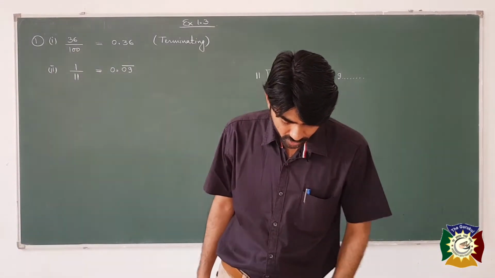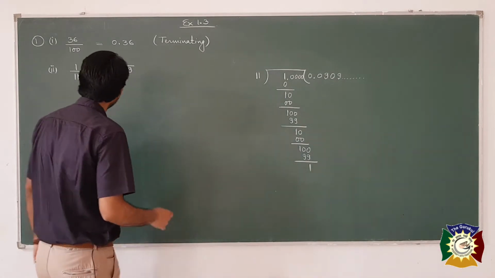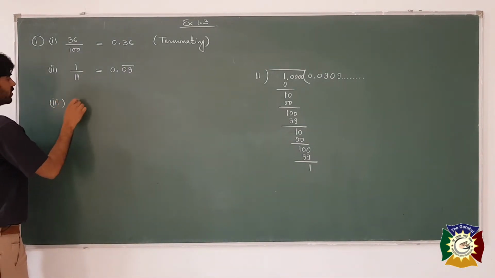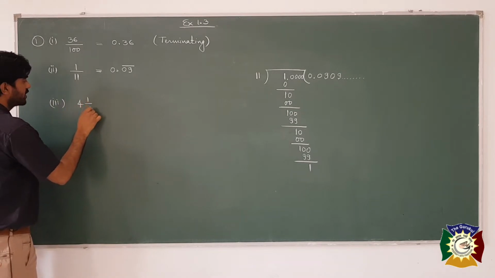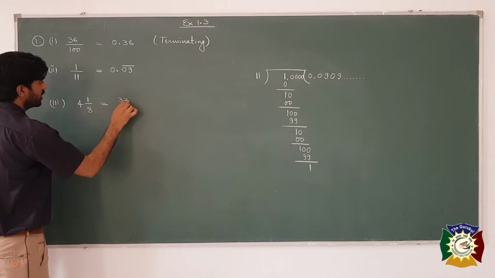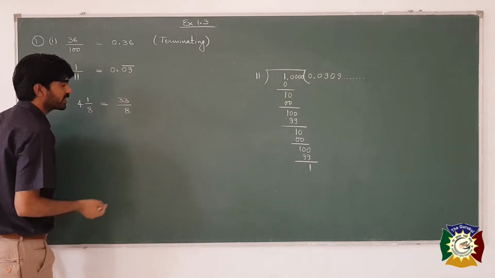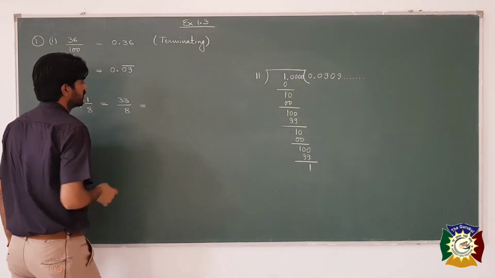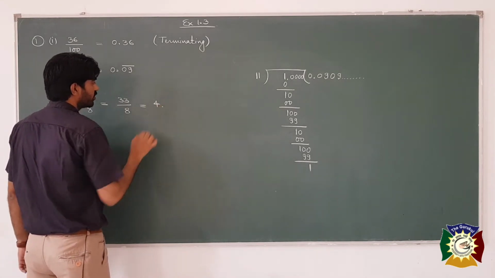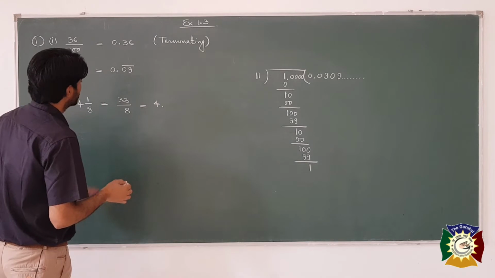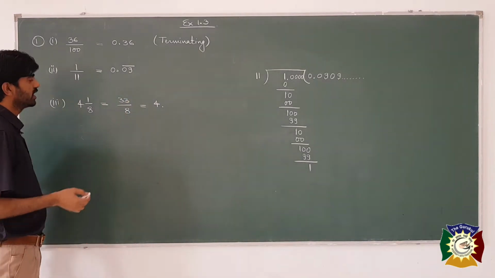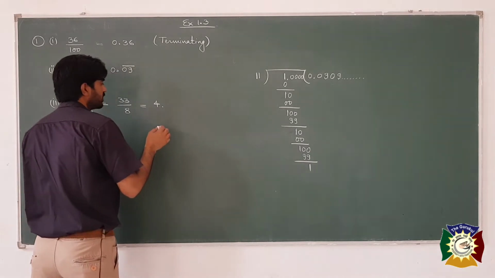Next we have 4 whole 1 by 8, the third part. It can be written as 8 fours are 32, then 33 by 8. We can divide it directly. 8 fours are 32, then point. After that we will have 1 as remainder, so we will have a 0 after the decimal.